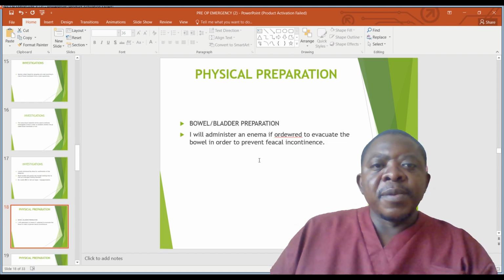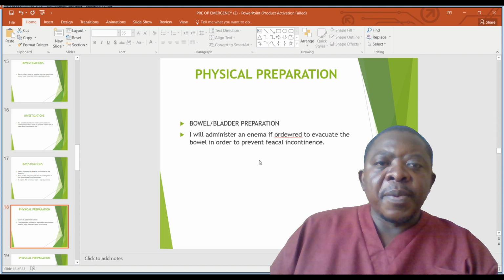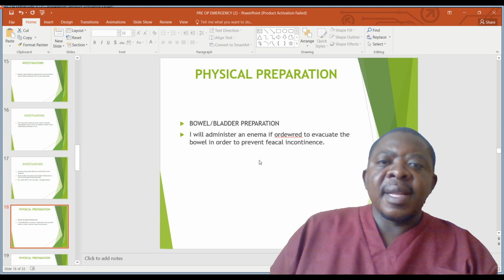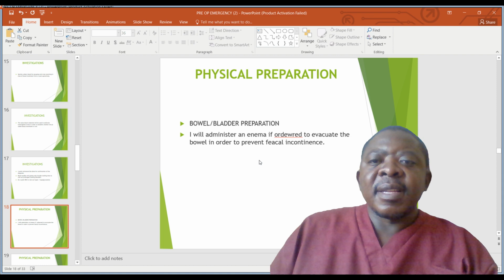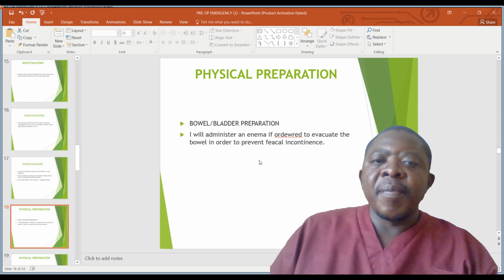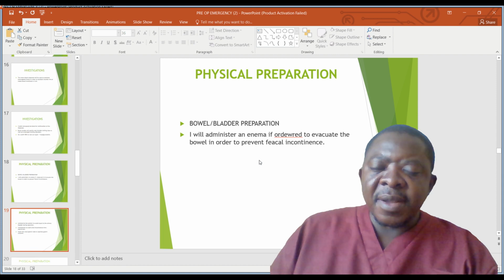Physical preparation. Physical preparation includes bowel or bladder preparation. Under this, you administer an enema if you assess that there is need or if it is ordered. This is to evacuate the bowel in order to prevent fecal incontinence.